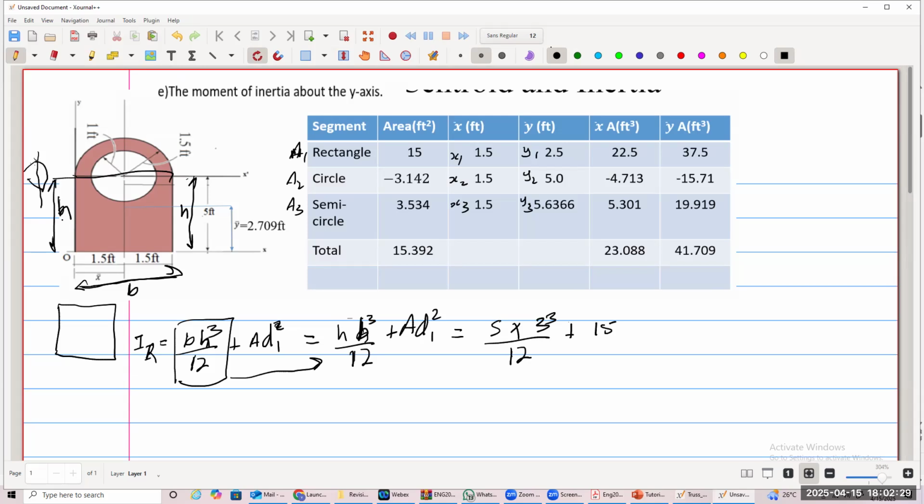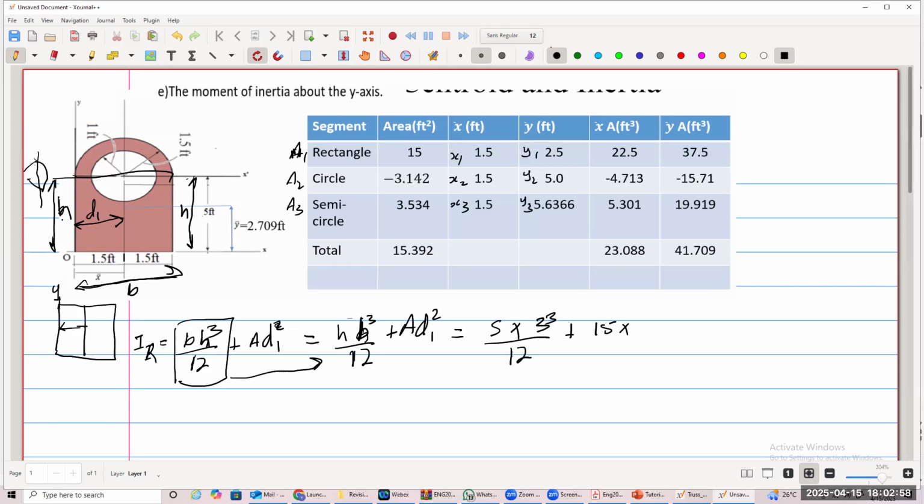All right, the next one: your area now is what? 15. What about your d1 now? It so happened that it is 1.5, because it's the center of the rectangle. Luckily, in this case, this is your d1, from the center of the figure to the y line, because that's the y-axis.